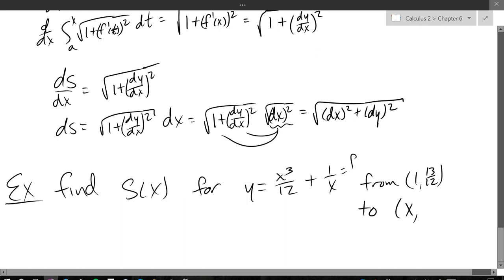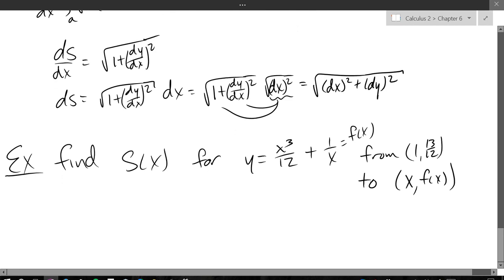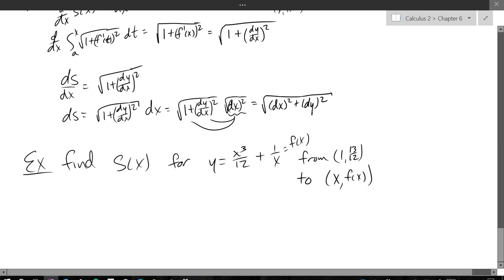I'll call this f of x. All right, find S of x for this function.